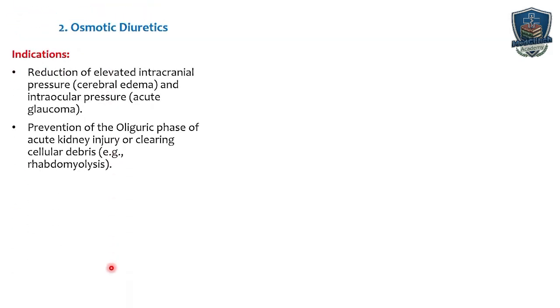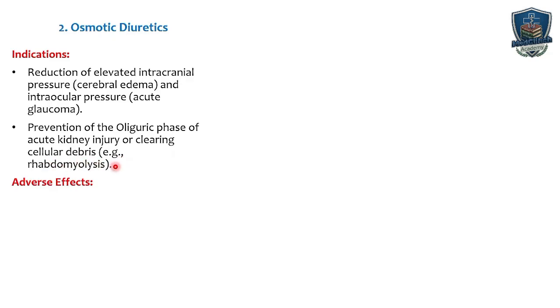So some of the indications of using mannitol are: number one, reduction of elevated intracranial pressure. It is very good in managing cerebral edema, and it may also be used for elevated intraocular pressure, especially in acute glaucoma. Apart from that, it may be used in the prevention of the oliguric phase of acute kidney injury or the clearing of debris, like in rhabdomyolysis.